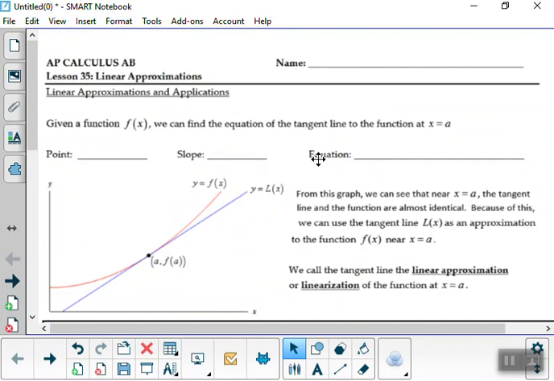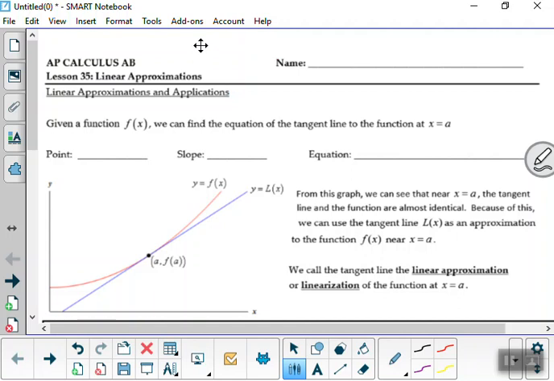So, linearization. It just is that we can approximate the behavior of a function around a certain point by using the tangent line to that function at that point. The first part of this is going to be exactly what we've done in the past when we've written a tangent line equation to a function.